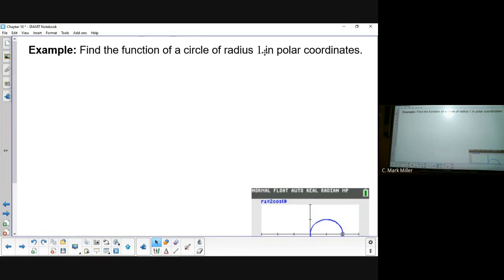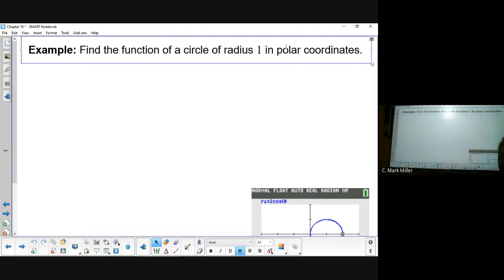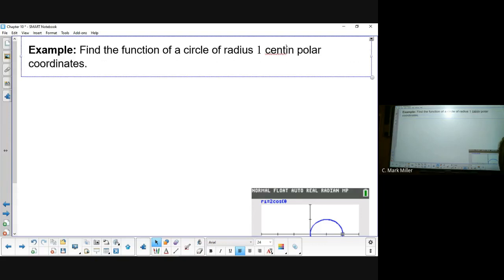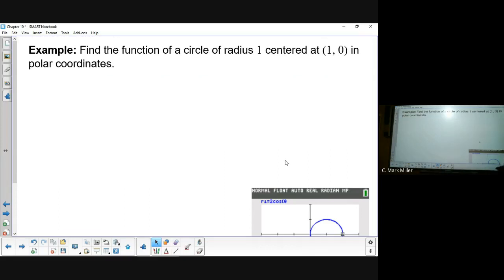You know what I think we should do with radius 1? Let's center it at 1, 0. What's that going to look like? Oh, we're out of time.